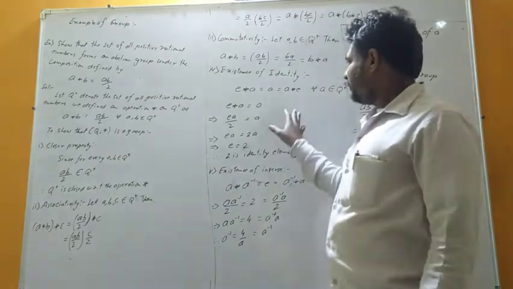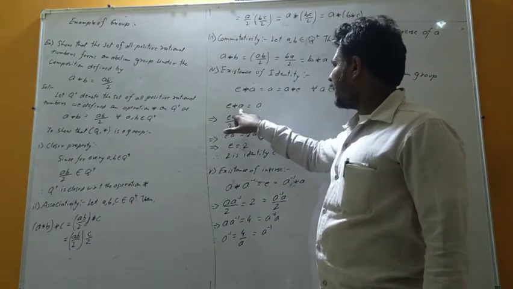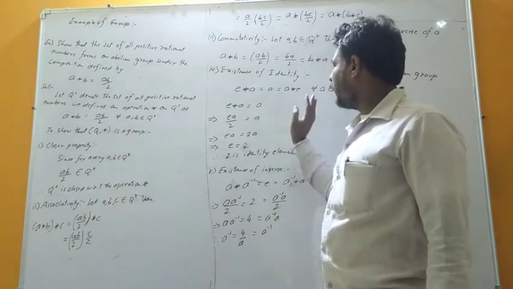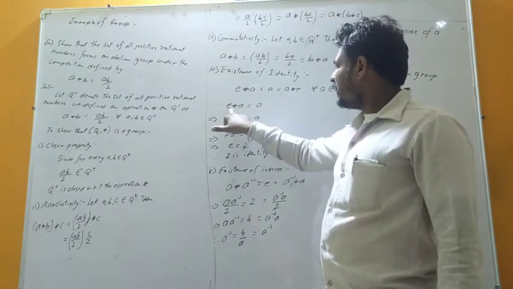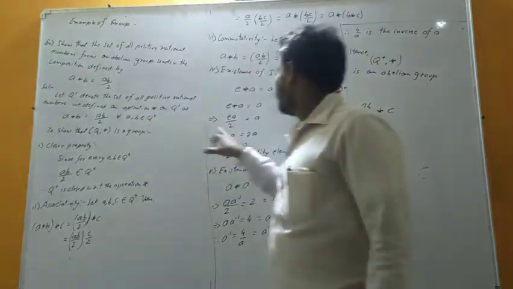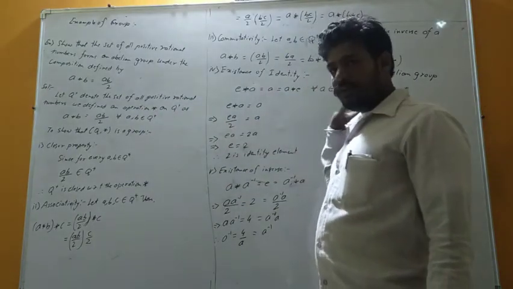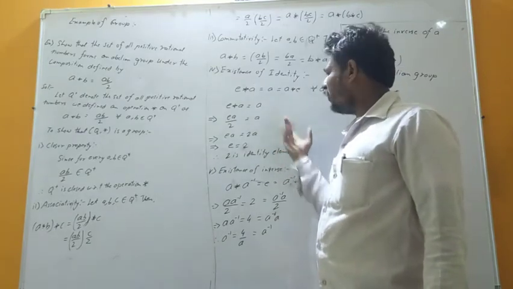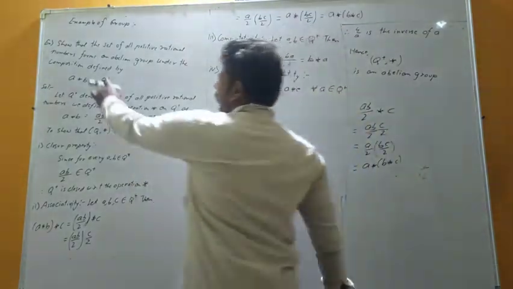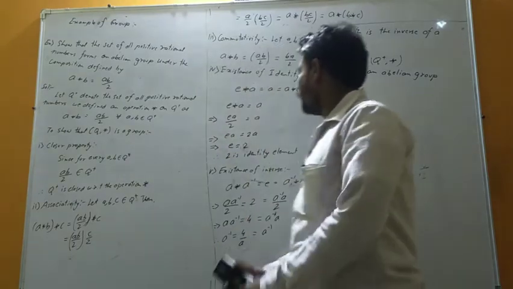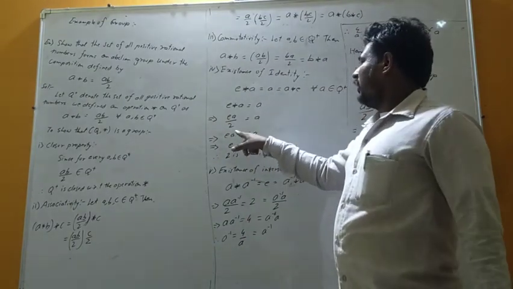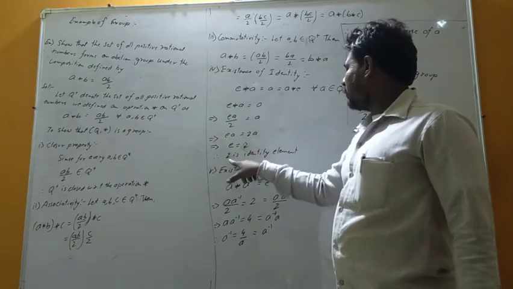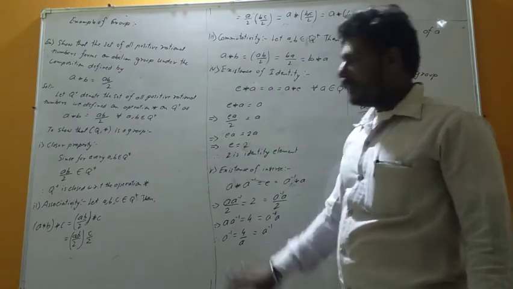Let e star a equal a. We can prove it on both sides, but we will take one side. By our composition, ea upon 2 equals a, which implies, transferring the a, that e is equal to 2. Therefore 2 is the identity element for this set.